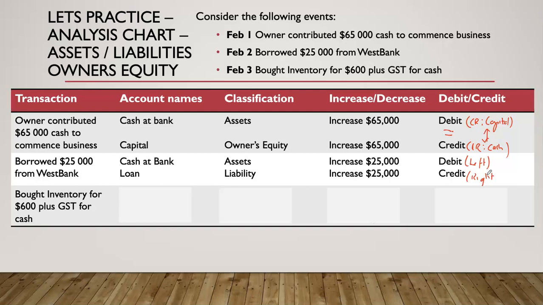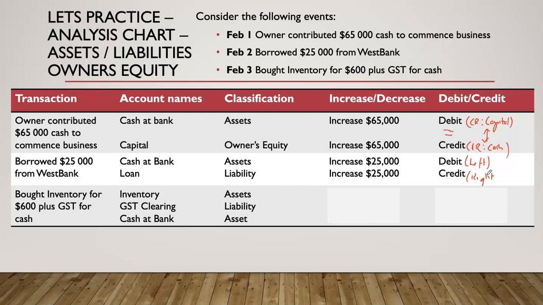Finally, we have bought inventory for $600 plus GST. And this is the first time I've included GST. So here we have not 2 transactions, but 3. My inventory is an asset and it goes up. My GST clearing is a liability because I am buying something, I am paying GST, and this reduces that liability.